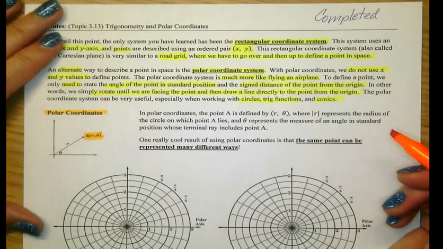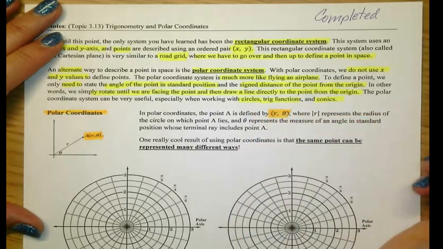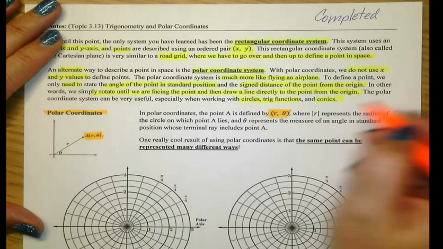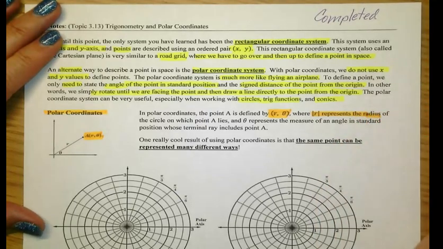So in polar coordinates, we're defined by that radius with direction and theta, which is an angle. Now keep in mind, r does represent a radius. So when we talk about the radius itself, we're talking about the absolute value of r. But we can use direction, so we could make that negative, not that it's a negative radius, but that we're going to apply the radius in the negative direction.